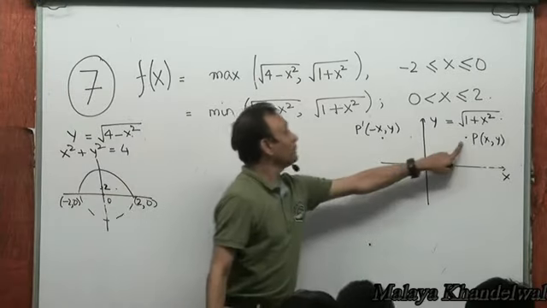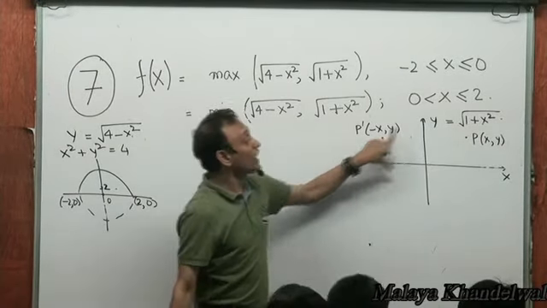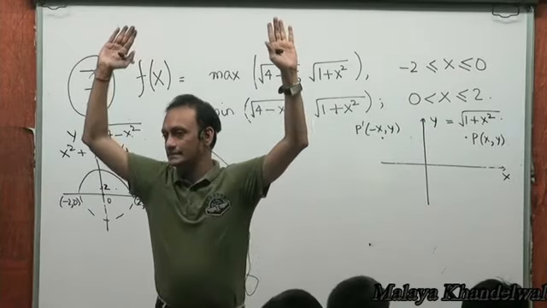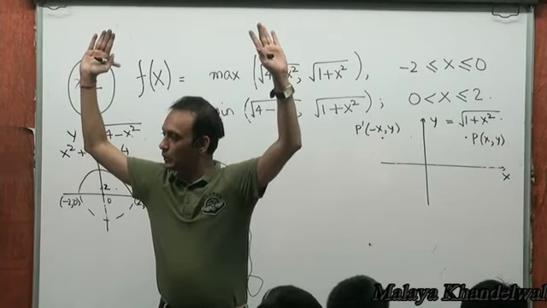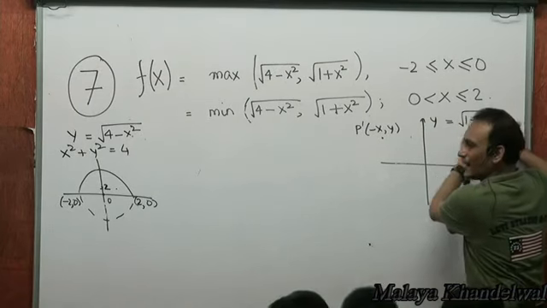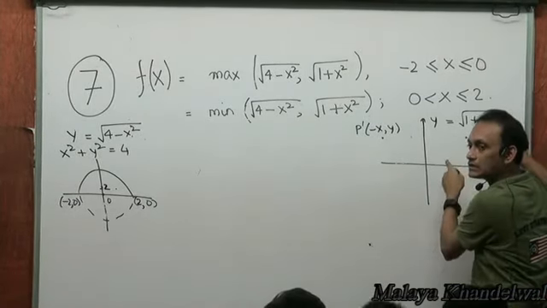That means P and P prime will be mirror images of each other about the y-axis. That means the graph of y equal to root 1 plus x squared must be symmetric about the y-axis. And in the first quadrant, as x increases, y increases.